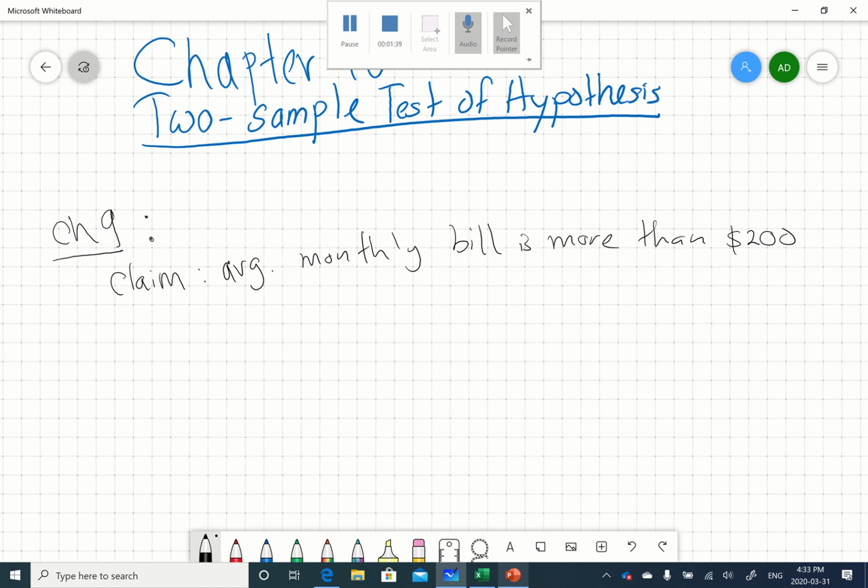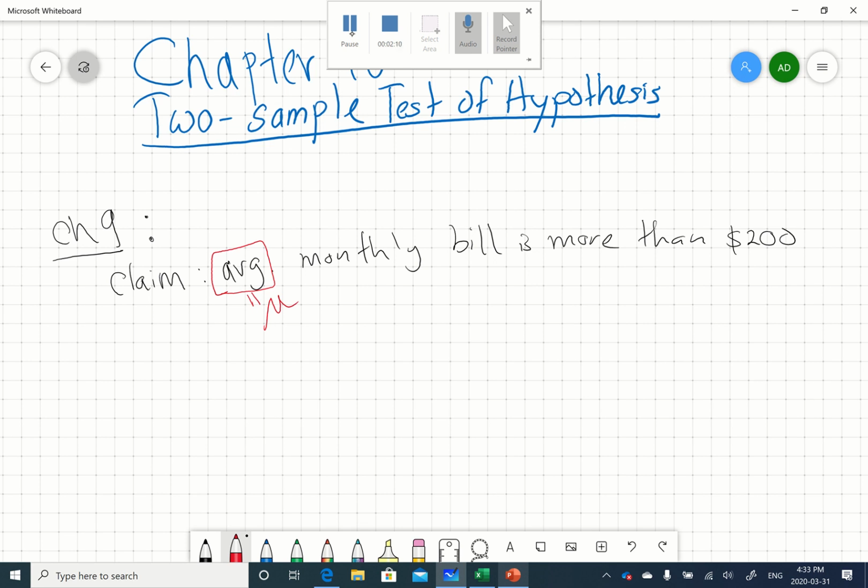This is just their claim or their concern, right? So we gathered a sample, and using that sample we tried to validate whether this is an actual thing to worry about. Do they need to do something about it, or can they just disregard this concern? We identified the parameter: the average, mu.